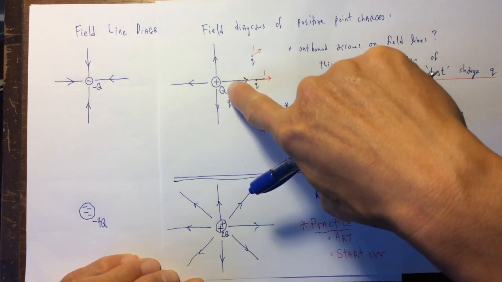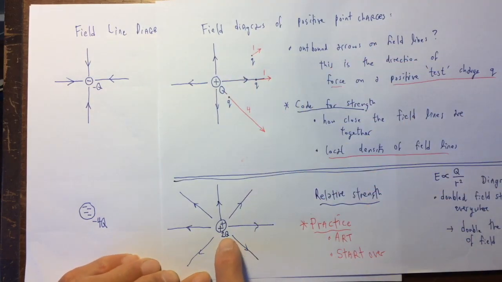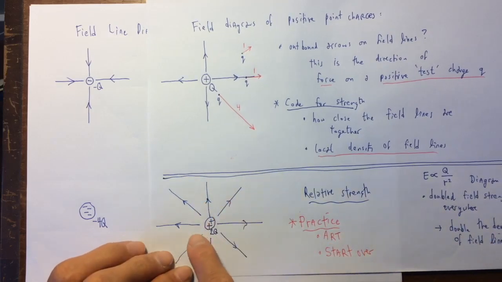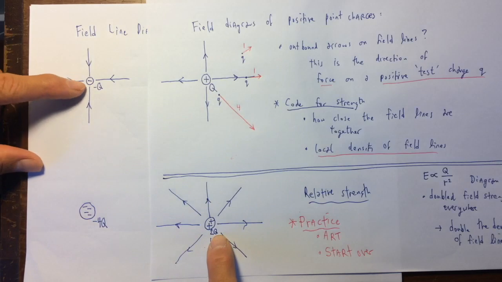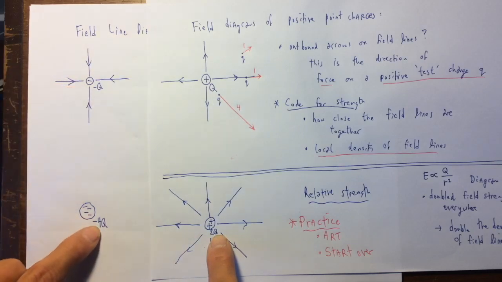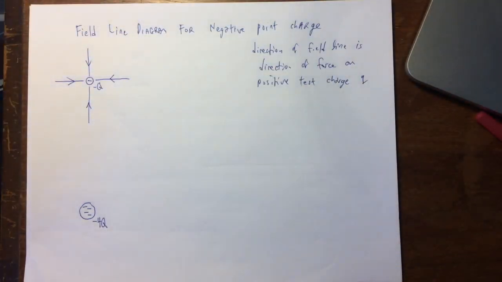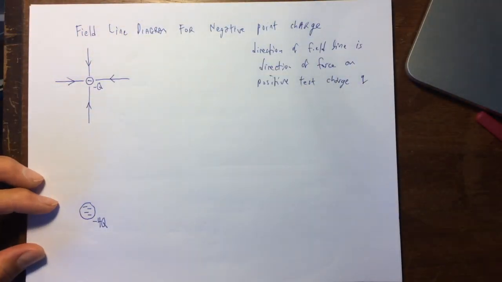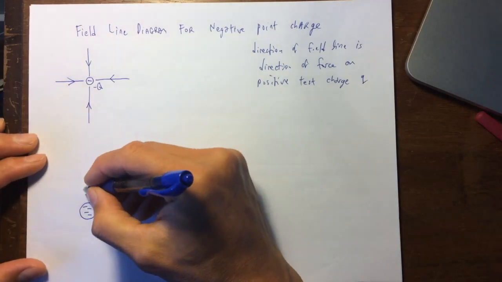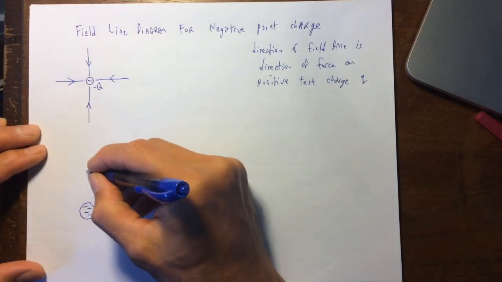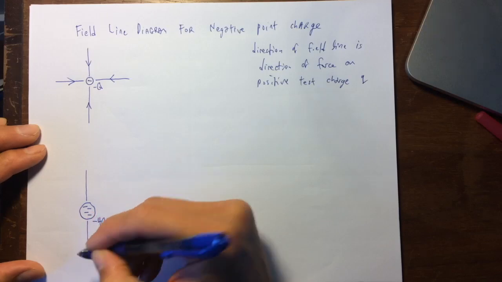In order to depict a diagram for a doubled charge, I used twice as many field lines. I just needed to double the density. So you can imagine if I want to quadruple the strength of the field everywhere, then what I need to do is quadruple the number of field lines. This one takes a little practice, but it turns out that you can just follow the same pattern. So this is what I mean by practice.